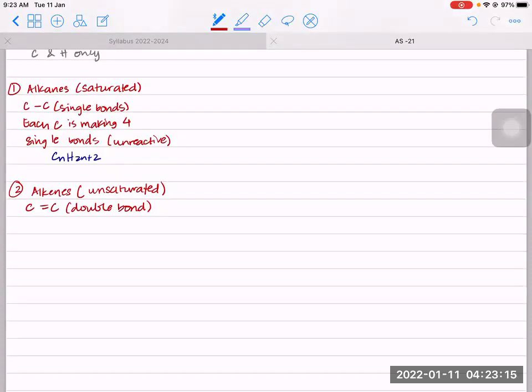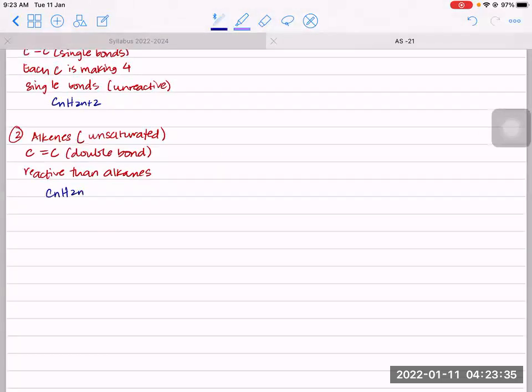So alkenes are more reactive than alkanes, and the general formula for alkenes is CnH2n.